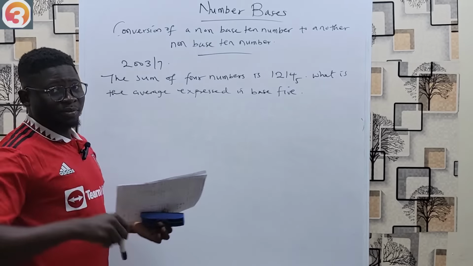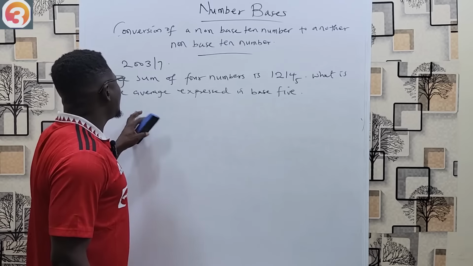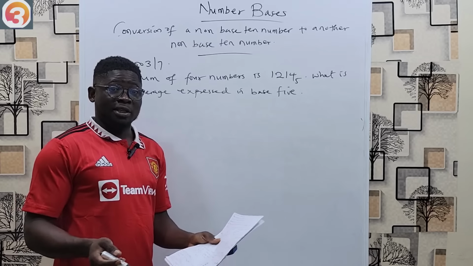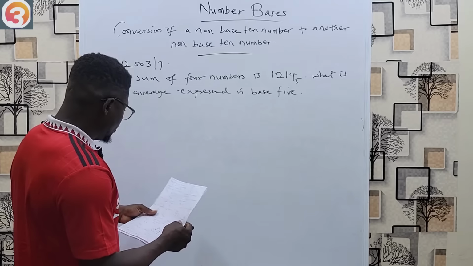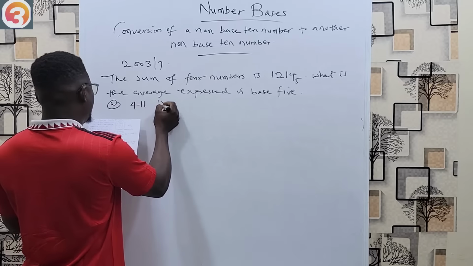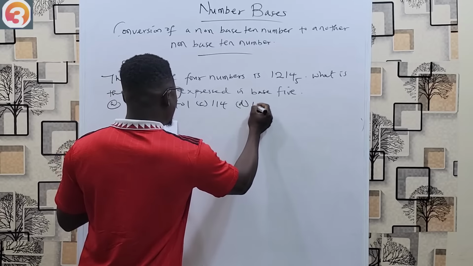This is like a word problem, right? So they want our final result to be in base 5. It's very, very easy also. So now our options: A is 411, B is 401, C 114, D 141.